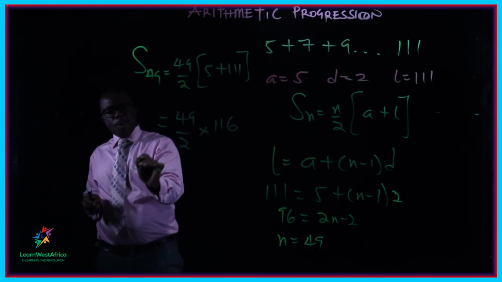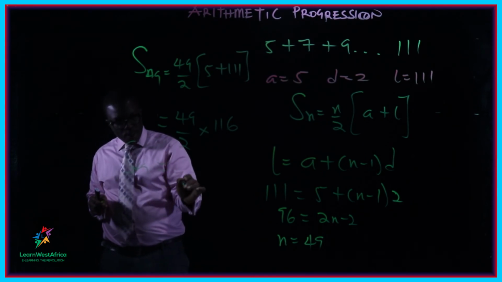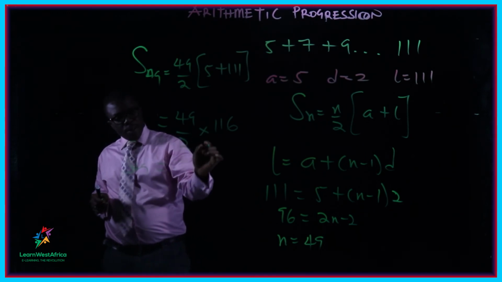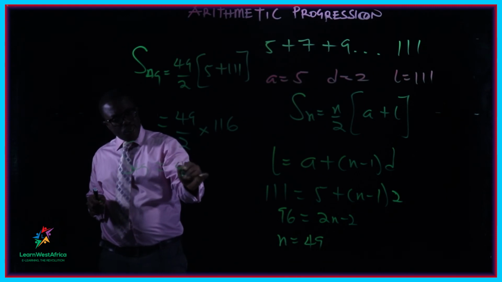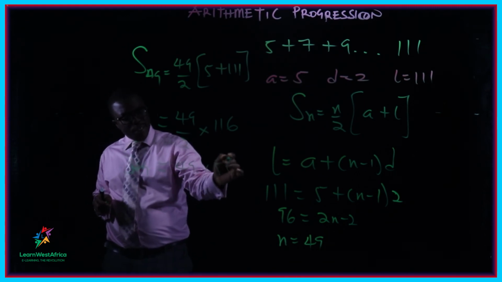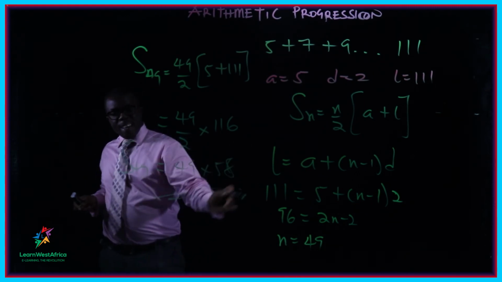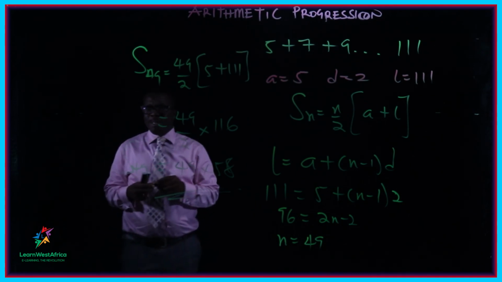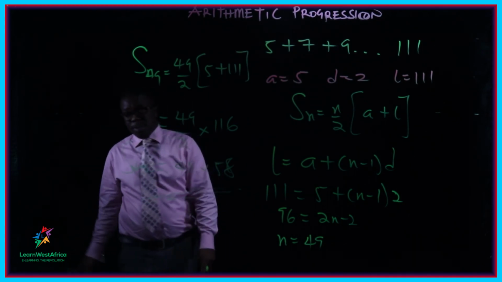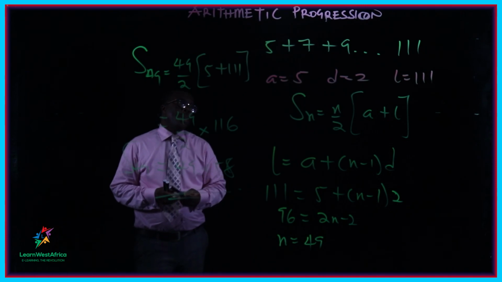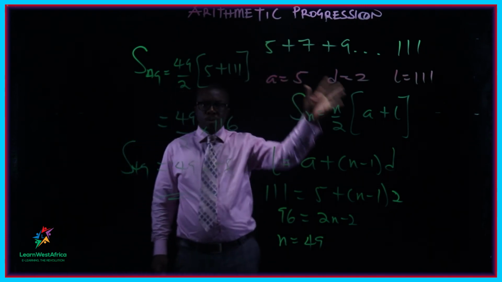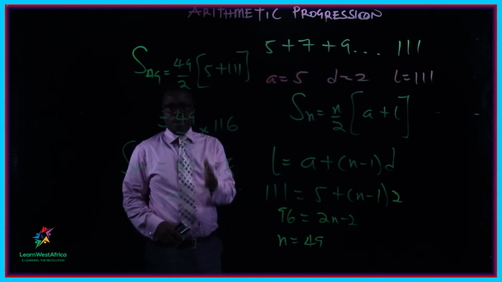And 116 divided by 2 is going to give you 58. So it's going to give you n times 58. I'm sure you should be able to work out on your calculator the value. A very simple arithmetic. So, guys, that is how we work around this problem to arrive at that.